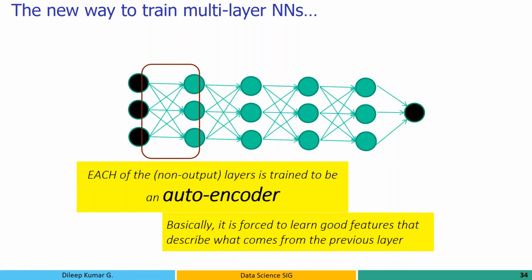But here we need some encoders and decoders. Here you are giving input and it produces some output, and then that output is given as input to the next layer. Actually this is done by the autoencoders, which try to extract the features in each layer.